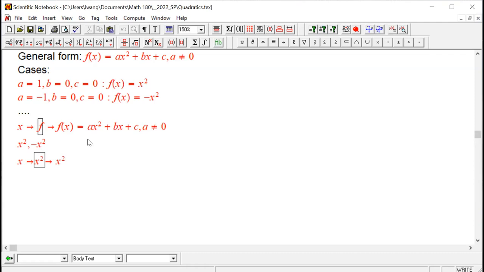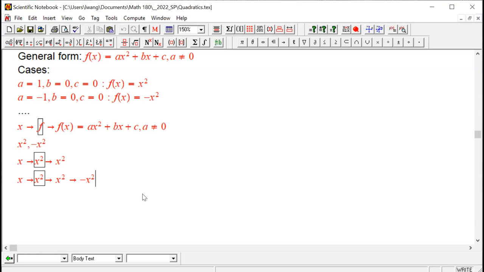For negative x squared, we have x as input, so we get output x squared, and then we change the sign of the output. It's just one more step. So that's the order of operations.